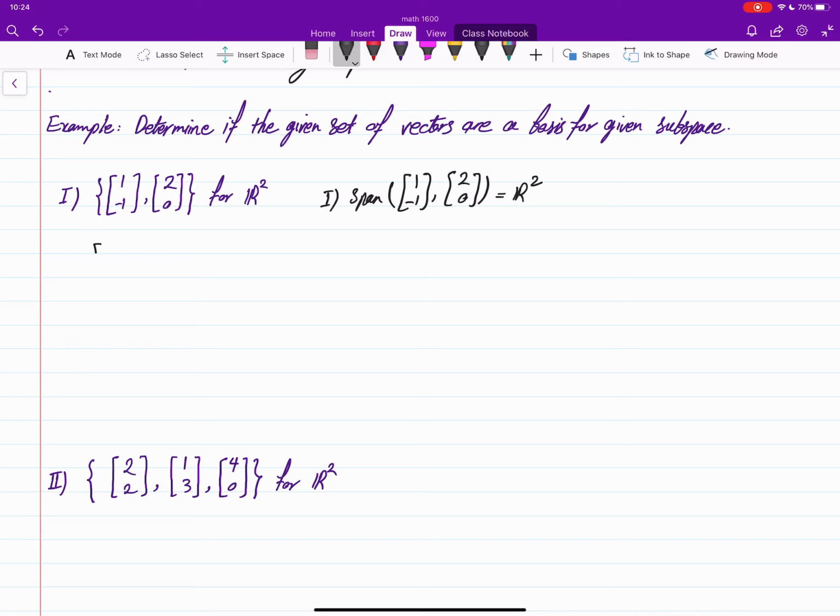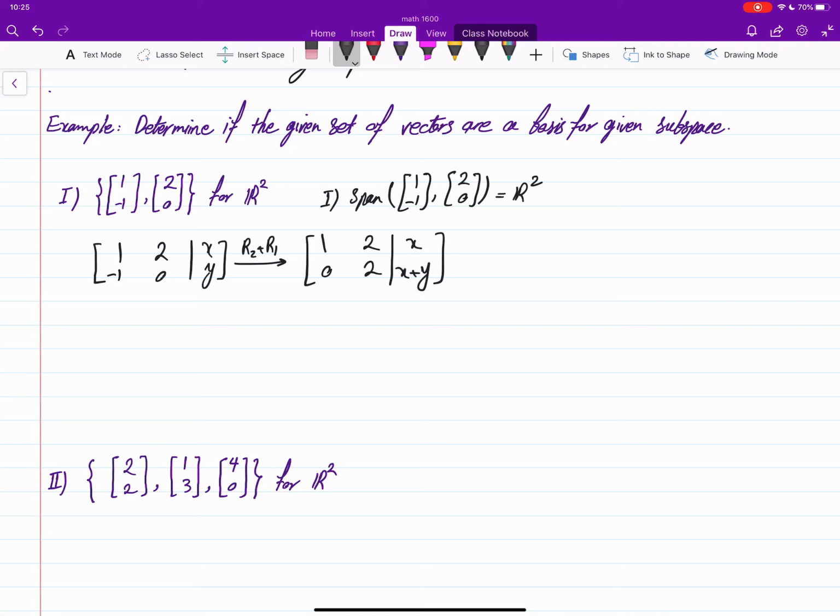In other words, we have to check that every vector (x, y) can be written as a linear combination of these guys. As you know, it is equivalent to solving this system for all x, y. So here I can add row 2 plus row 1, and then we get 0, 2, x plus y, and here 1, 2, x.